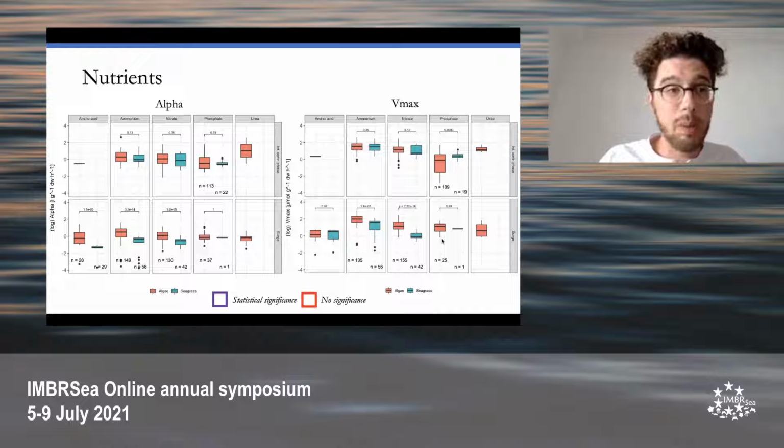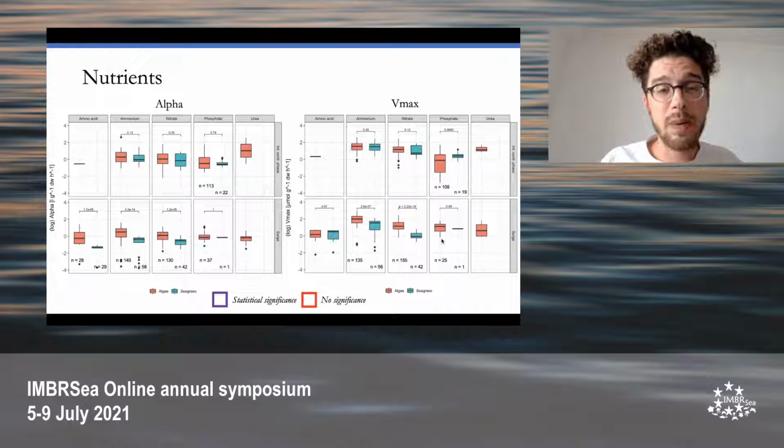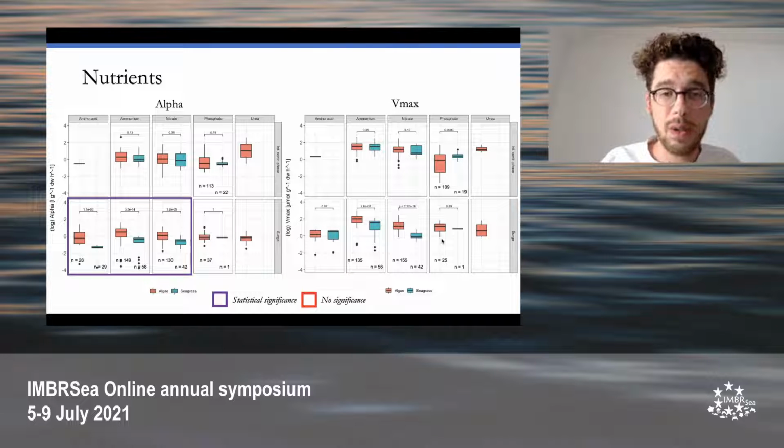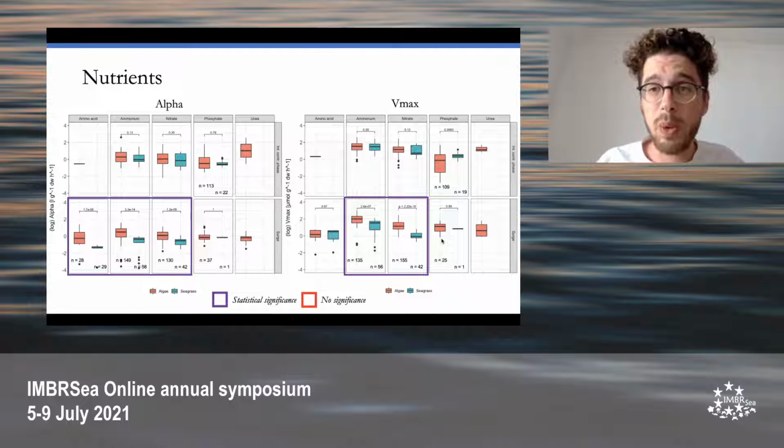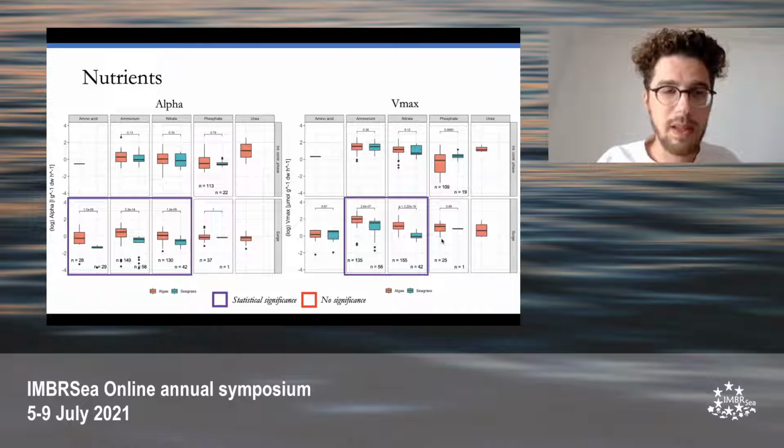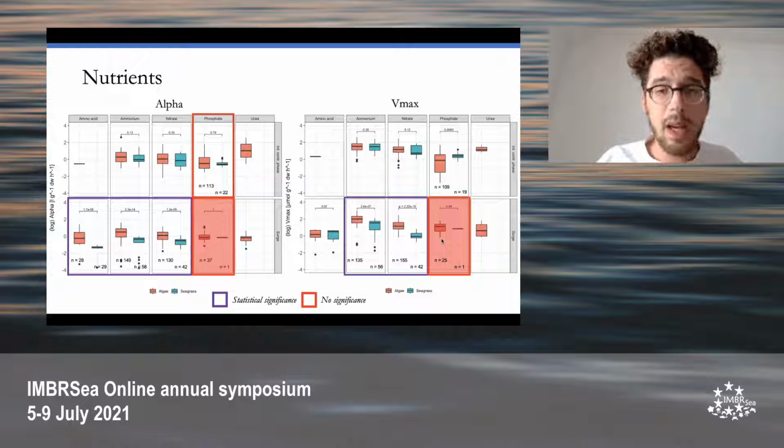Looking at the nutrient composition, comparing amino acid, ammonium, nitrate, phosphate, and urea for both uptake phases, internally controlled and surge, we found statistical significance for alpha during the first 60 minutes for amino acids, ammonium, nitrate, as well for Vmax for ammonium and nitrate, and no significance we found for phosphate.